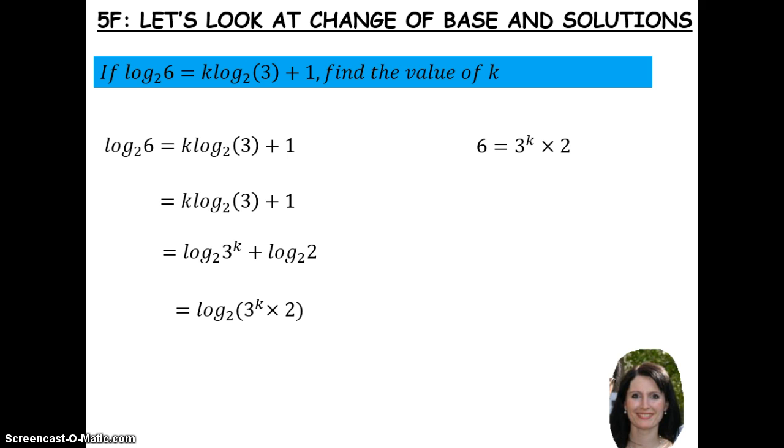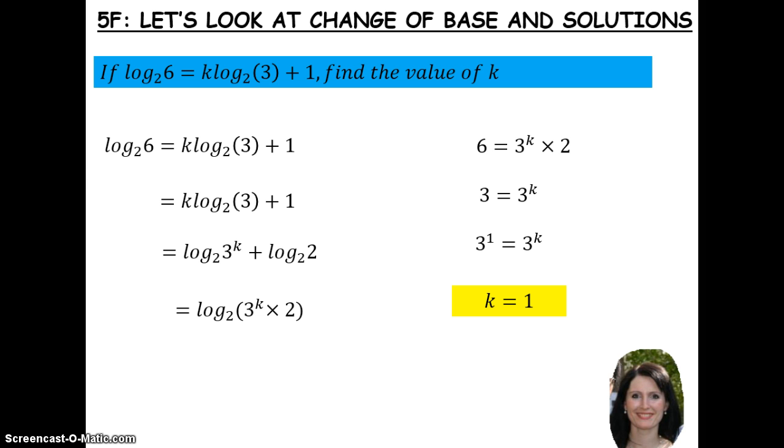So I get 6 equals 3 to the power of k times 2. 3 equals 3 to the power of k. And 3 to the power of 1 equals 3 to the power of k. So k must just equal 1.